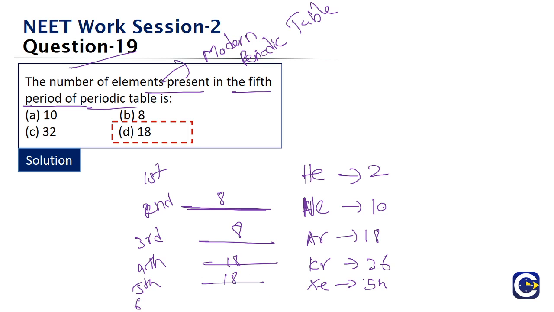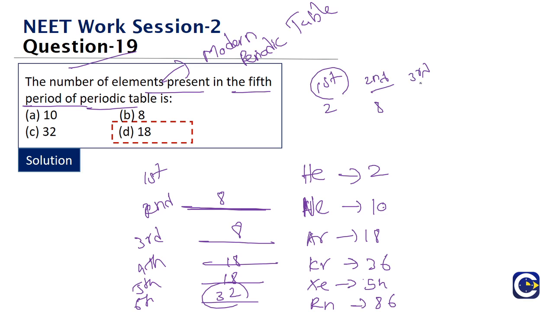So the sixth period will be what? After xenon we'll get radon. Radon is 86. So here we'll have 54 plus 32. This is actually the longest period. So look at it, the first period is 2, second 8, third 8, fourth is 18, fifth is 18.